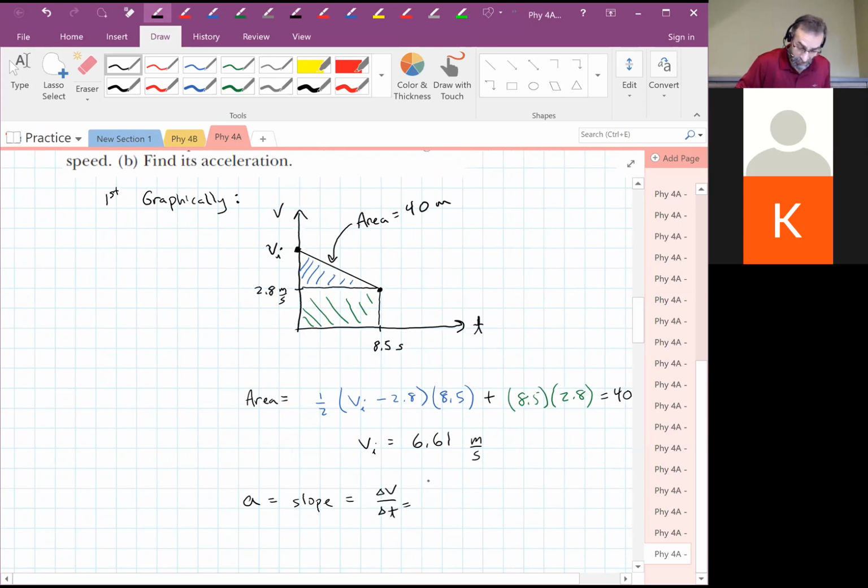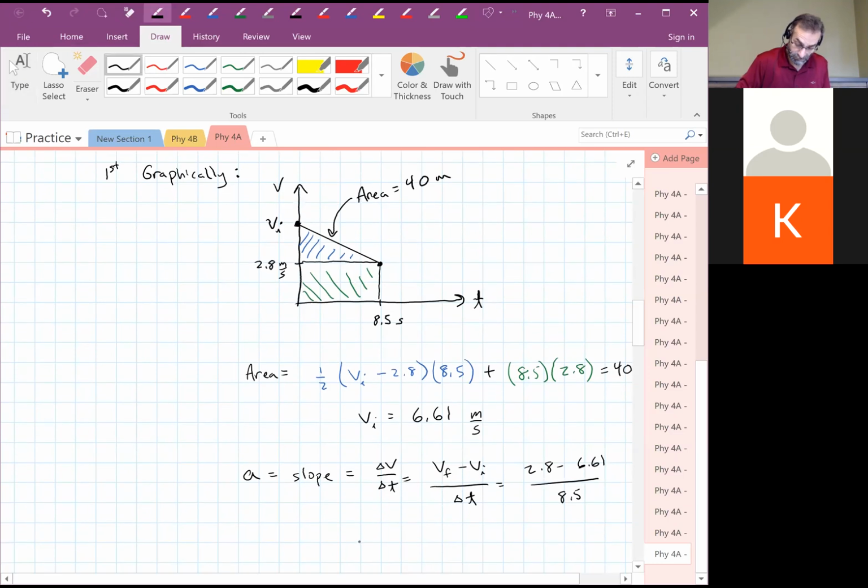And we've got V final minus V initial over delta t.